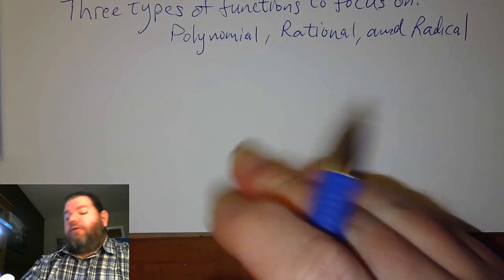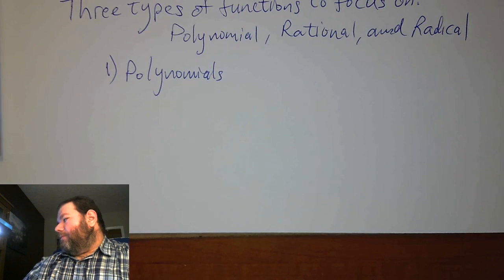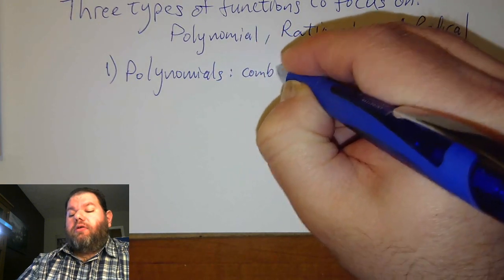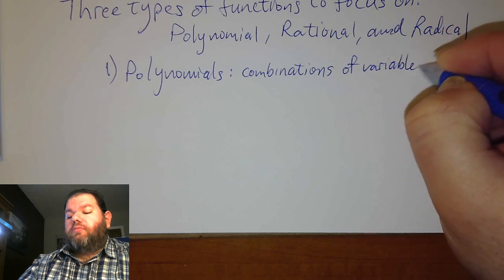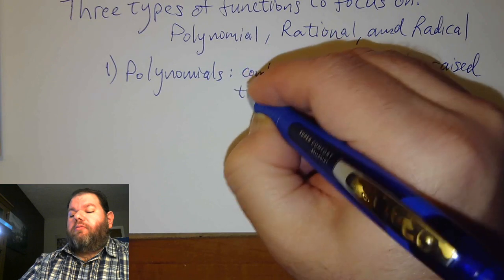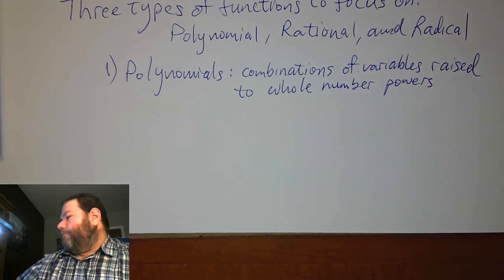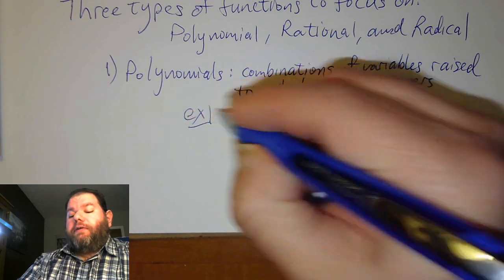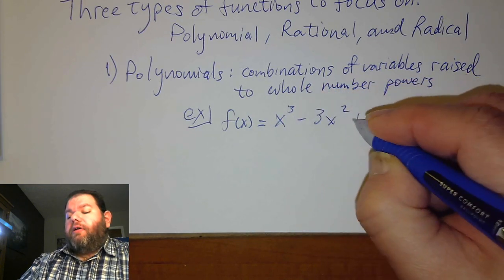So, for a polynomial, first of all, polynomials are defined as combinations of variables raised to whole number powers. As an example, we would say, f of x equals, say, x to the third minus 3x squared plus 7x plus 1.